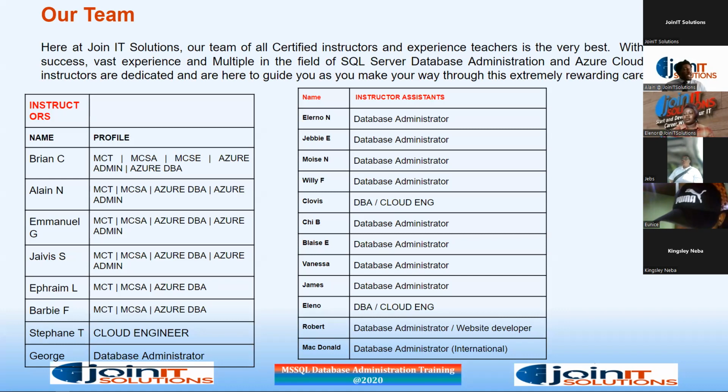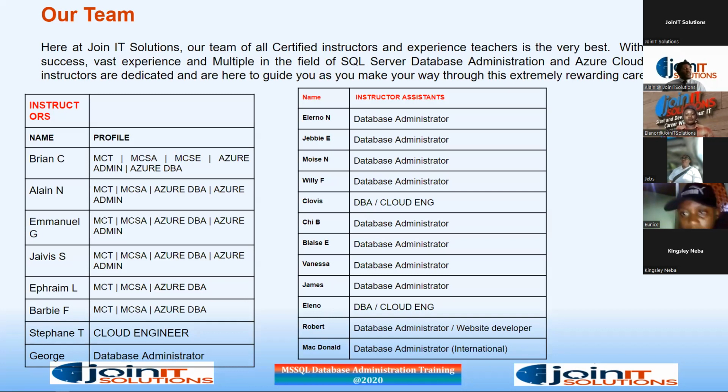The next person, that's me, Alain Four. And as you can see, I am also a certified instructor here at JoinIT Solutions. Our next instructor here is Prof. Emmanuel Galabe. As you can see, also a certified instructor, a certified Azure, which is the cloud, which is another level from SQL Server Database Administrator.